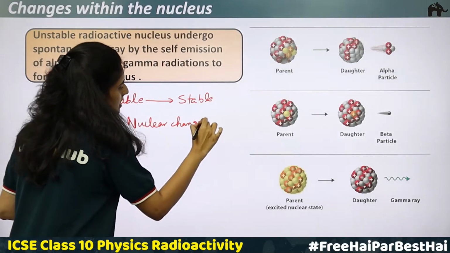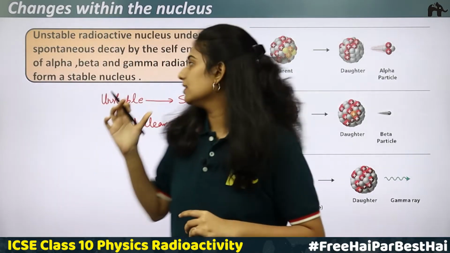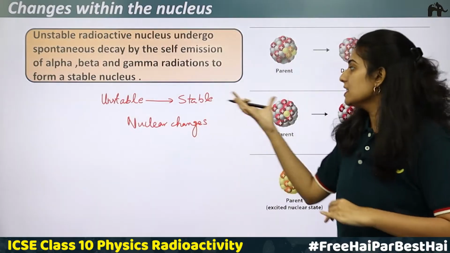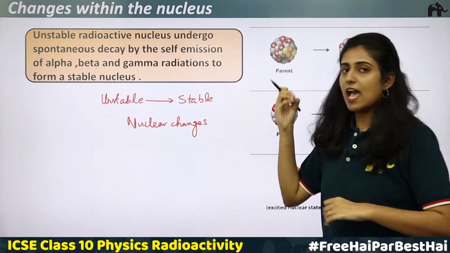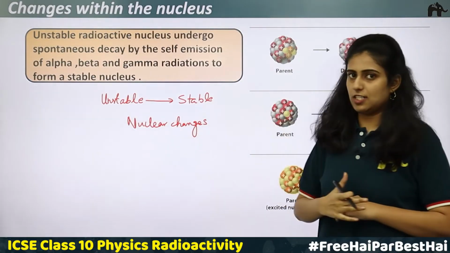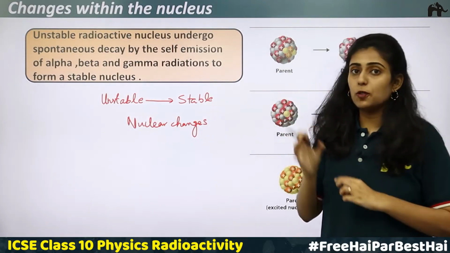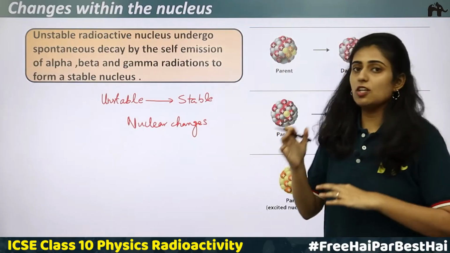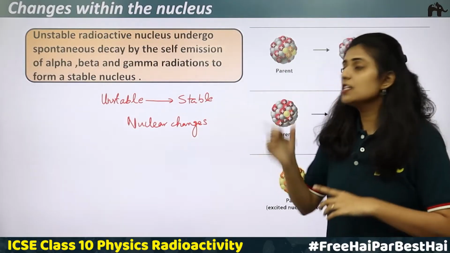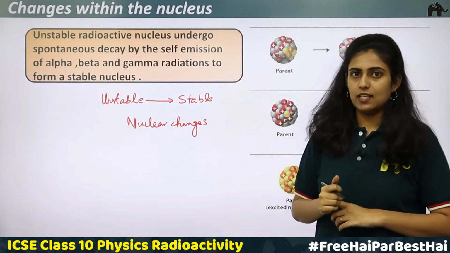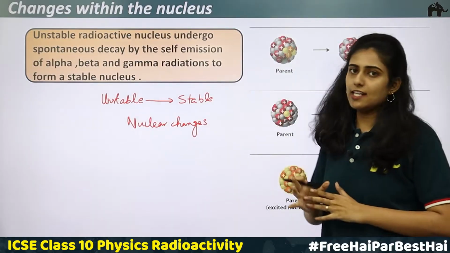So, from the unstable state, the substance comes to a stable state by emitting alpha, beta or gamma radiations. An unstable radioactive nucleus undergoes spontaneous decay by the self-emission of alpha, beta and gamma radiations to form a stable nucleus. Clear? So, this is a nuclear change.